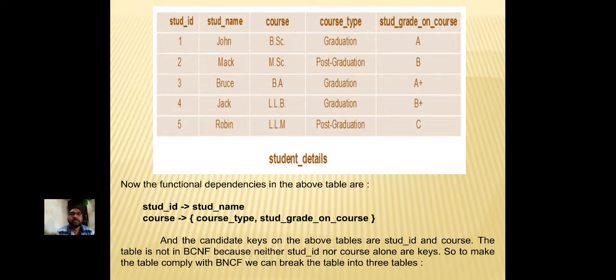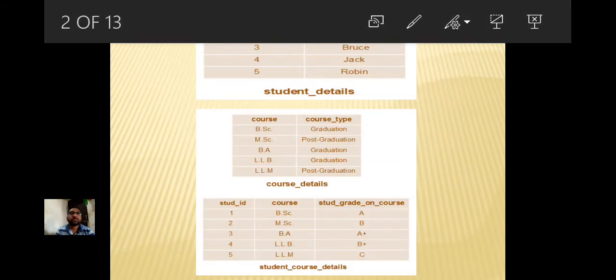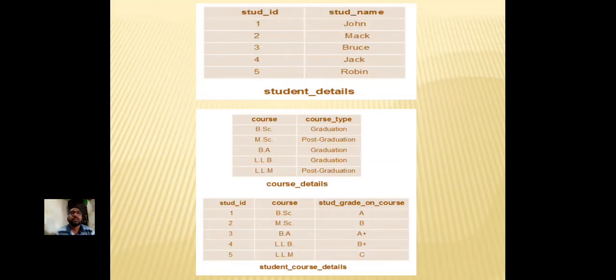So to make the table comply with BCNF, we can break the table into three tables: student ID and student name, the student details table; course and course type, the course detail table; and third, the student course detail table with student ID, course, and student grade on course.